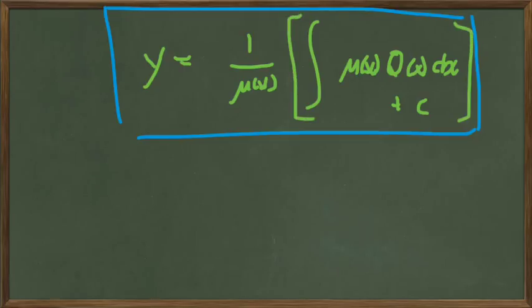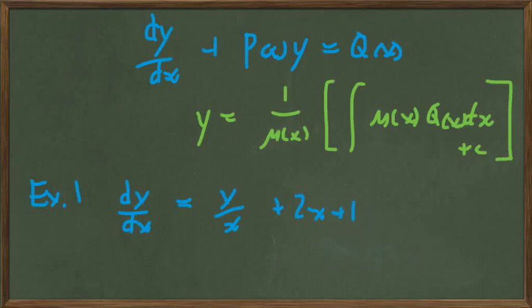Okay, so let's do a couple applications of this linear technique of solving a differential equation. So can we take this differential equation here and turn it into the linear form?